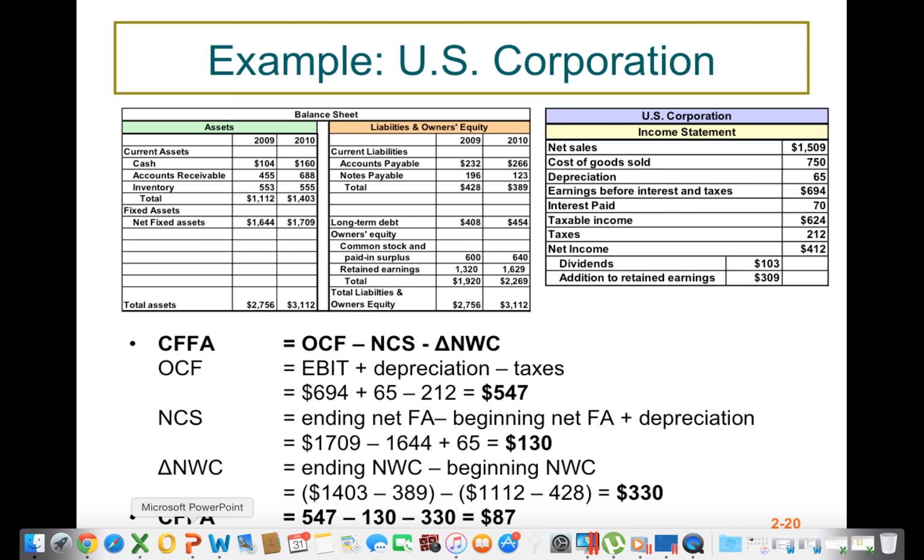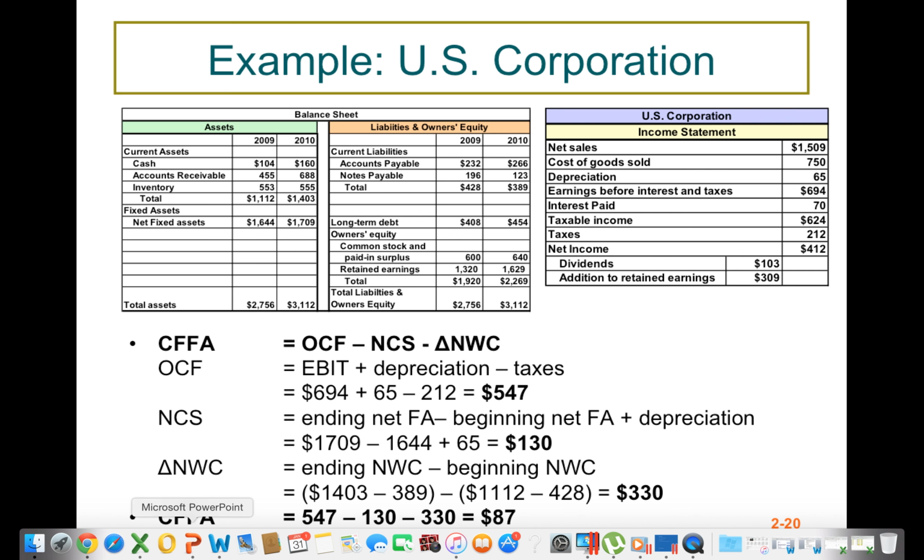Finally, we're looking at our changes in net working capital. We're looking at our ending net working capital, which we take our 1403 less 389, less our beginning net working capital, which is 1112 less 428, and from that you're going to get 330.